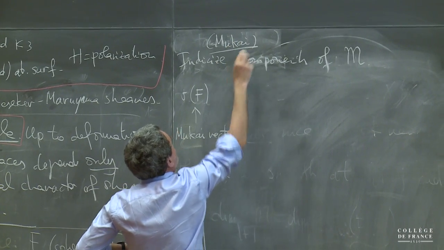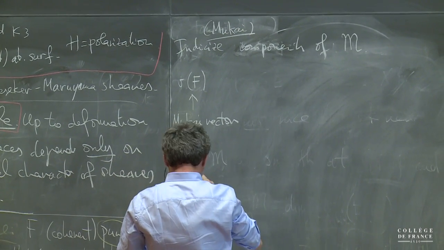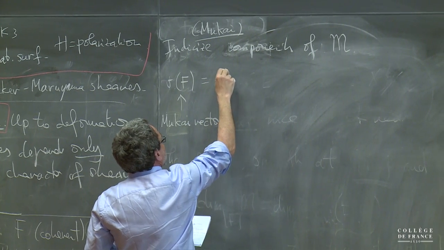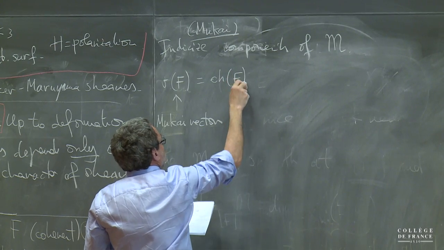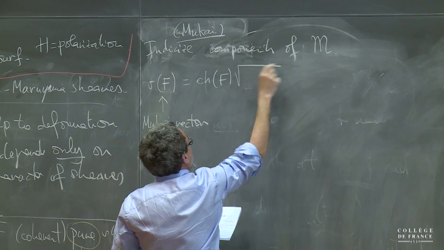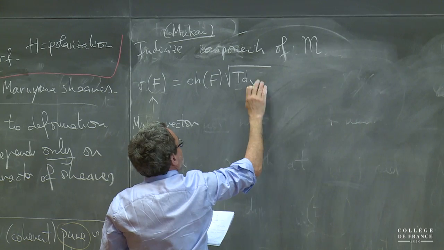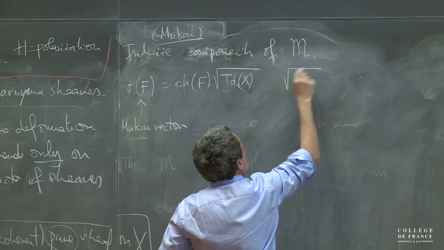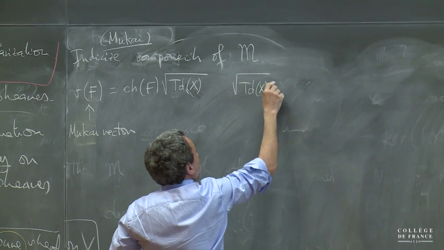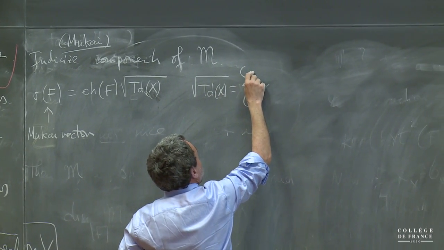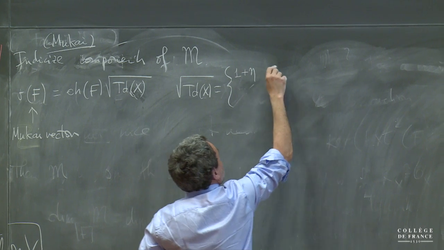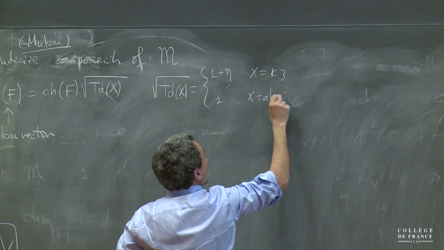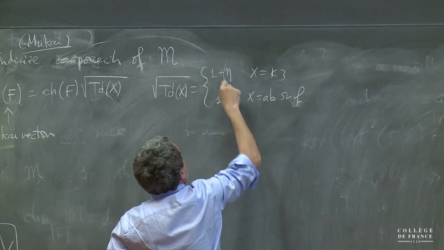All of the early work on this is due to Mukai, and so this is essentially the Chern character of F, only that we multiply by the square root of Todd of X. Eta is the fundamental class.